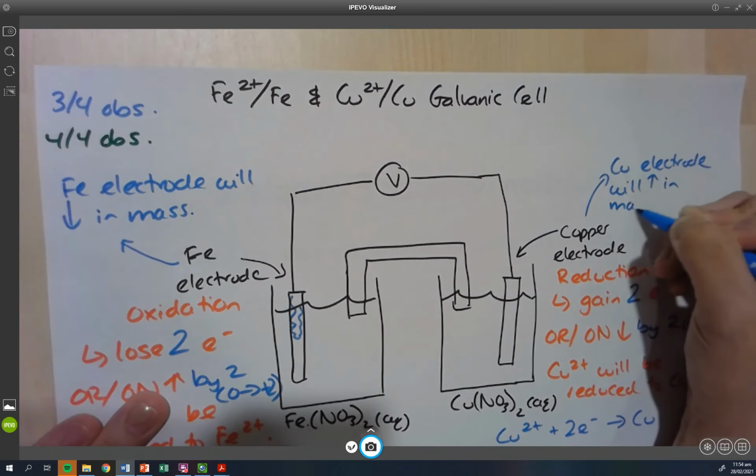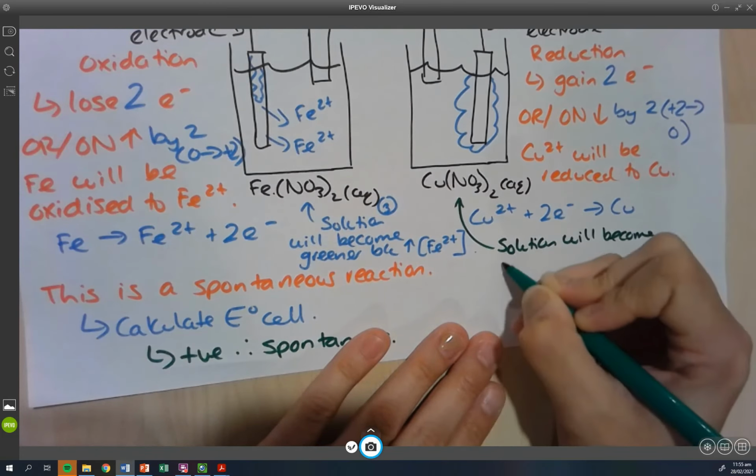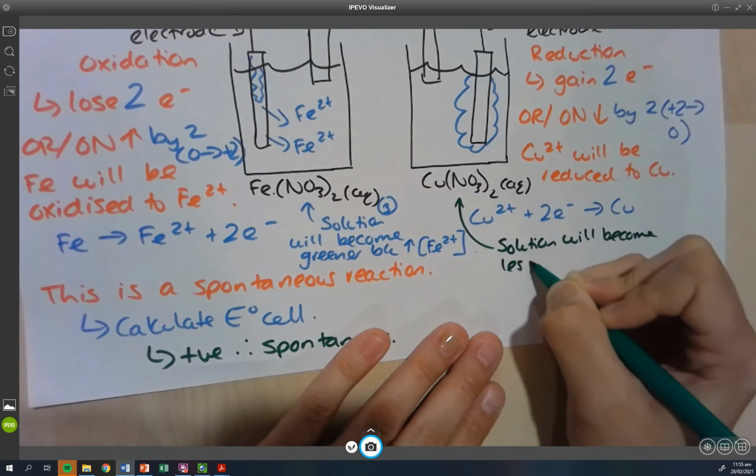And then I'm doing observation 4 in the green because you need 4 out of 4 for the excellence. So in this case, my solution will become less blue. And that's because we see a decrease in the copper 2 plus ions.